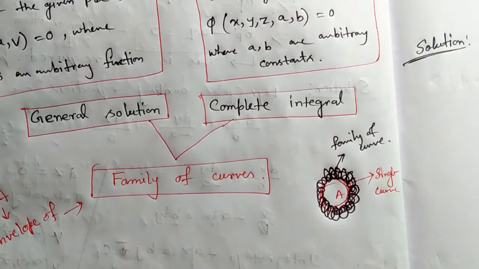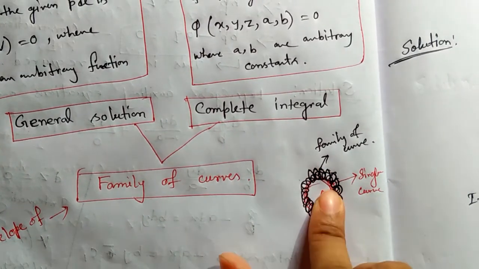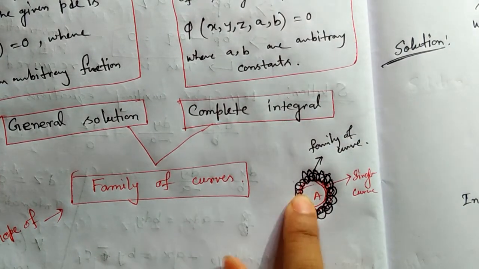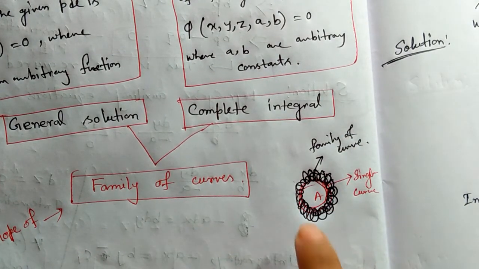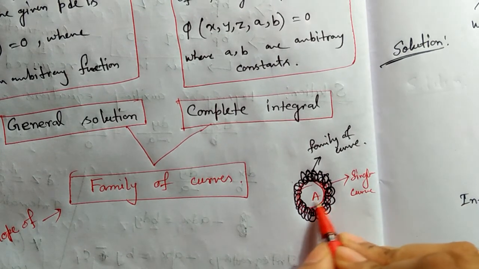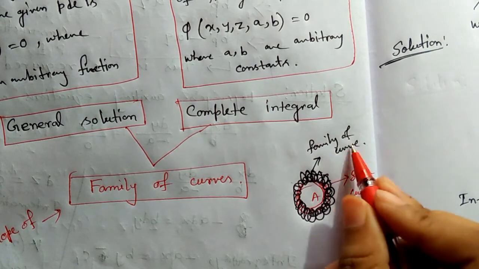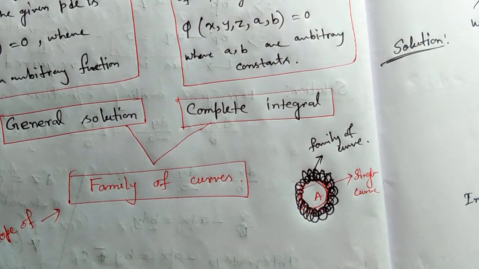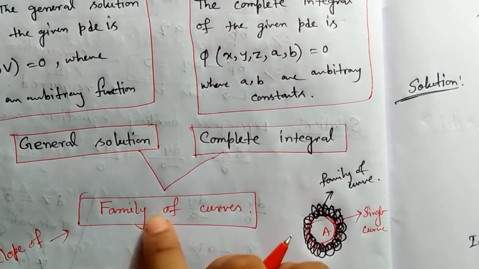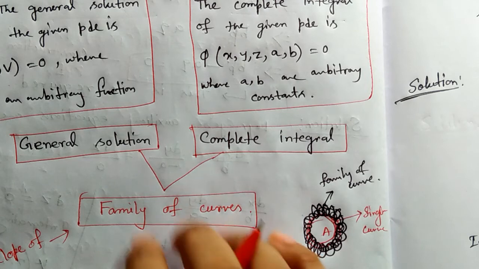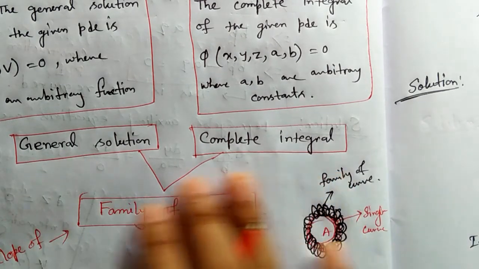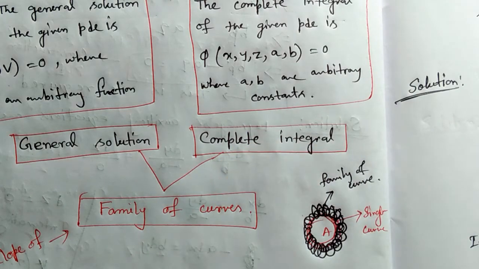So this single curve touches each member of the family, as well as at each point of the single curve it is touched by some member of the family of curves. So this A is the envelope of the family of curves. This is a nice thing. And this family of curves is represented by the general solution or the complete integral.